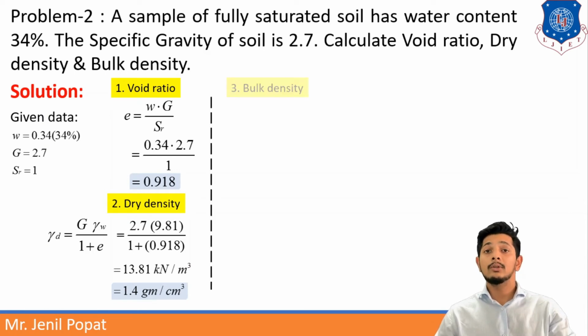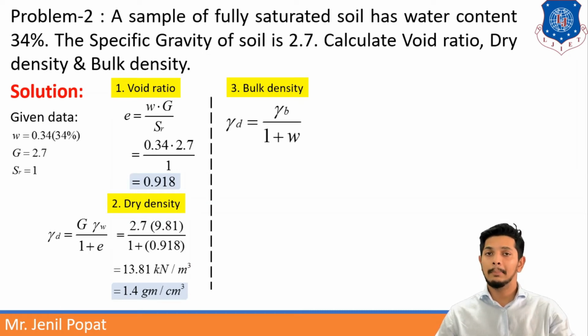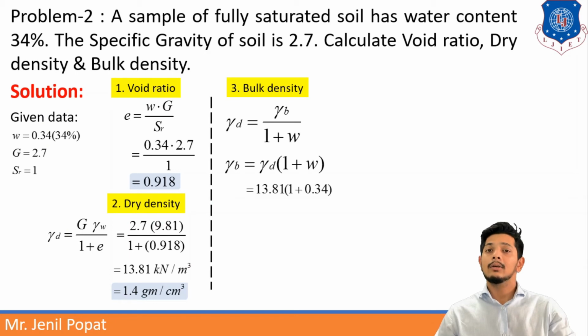Moving forward to the third item, bulk density. Here I will use the formula gamma b is equal to gamma d upon 1 plus w. In this formula I have gamma d now and water content now, so we can find gamma b. I am making gamma b the subject of the equation, so I can write gamma b is equal to gamma d into 1 plus w, and putting in the values of gamma d and w, I get gamma b as 18.5 kilonewton per meter cube.